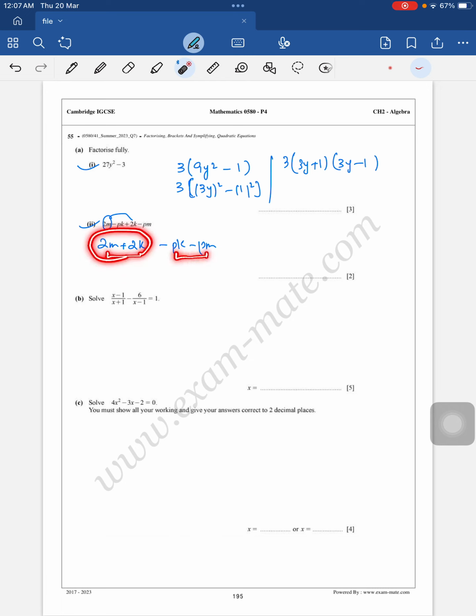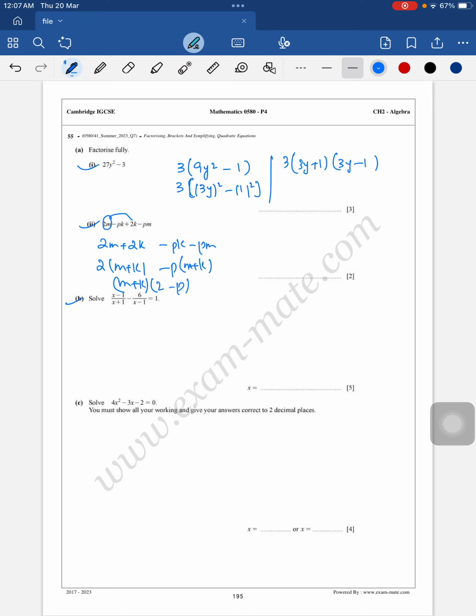If I take minus p common, I will be getting m plus k, right? So that both the brackets become the same. 2 common, m plus k, minus p common, m plus k, same. So m plus k common, right? And 2 minus p. That's the answer.